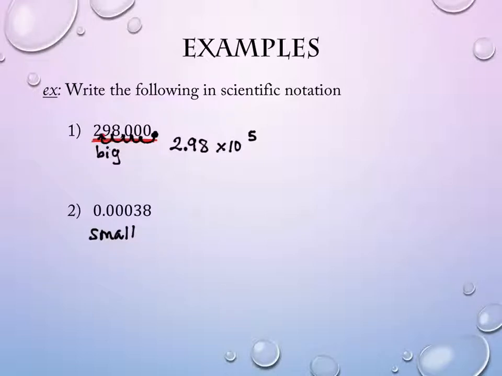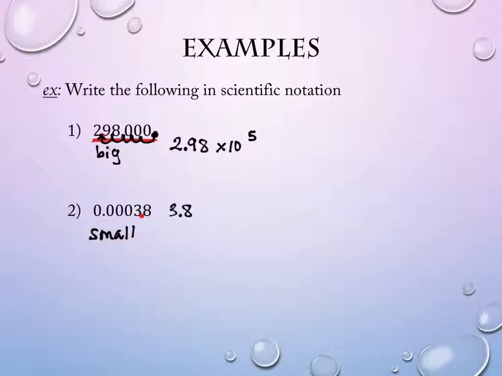Okay? All right, looking at the next example, I need a new location for my decimal point. Where will my decimal point now be? Between the 3 and the 8. Okay, good. Just clarifying. So if I put the decimal point here, I have 3.8.